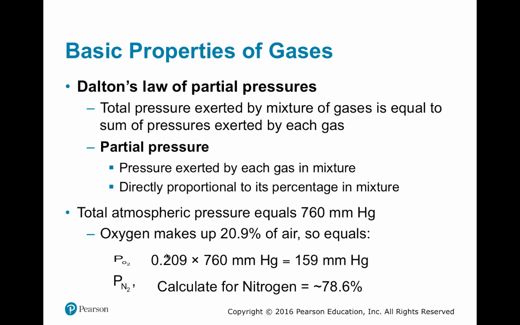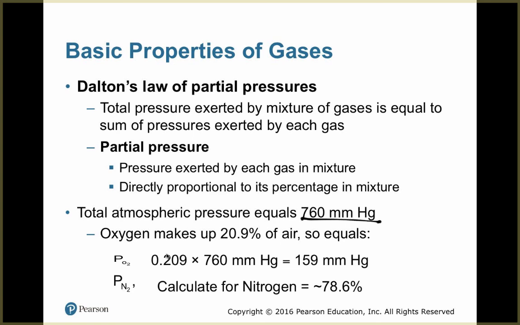So basically, Dalton's law of partial pressure just says that the total pressure exerted by a mixture of gas is equal to the sum of the pressure exerted by each gas. So each gas has its own pressure, and it's directly proportional to how much is there, right? So when you're looking at here, total atmospheric pressure equals about 760 millimeters of mercury. Oxygen makes up 20.9% of gas.